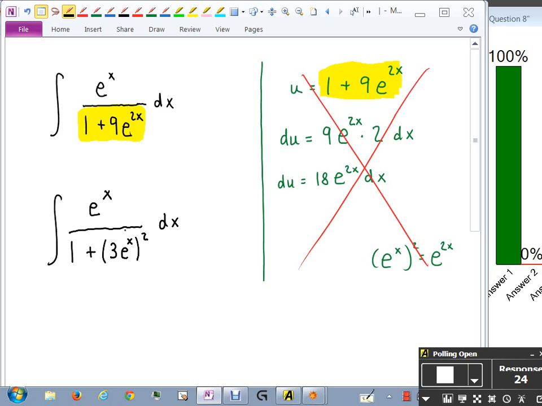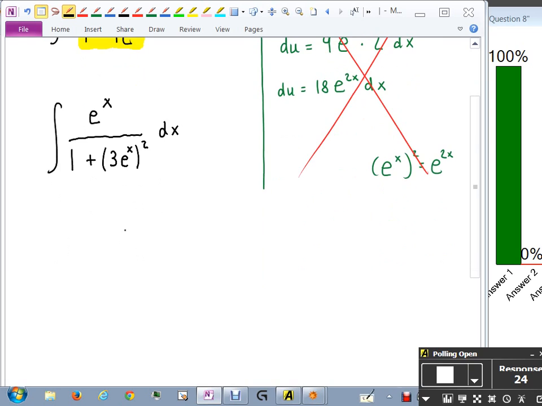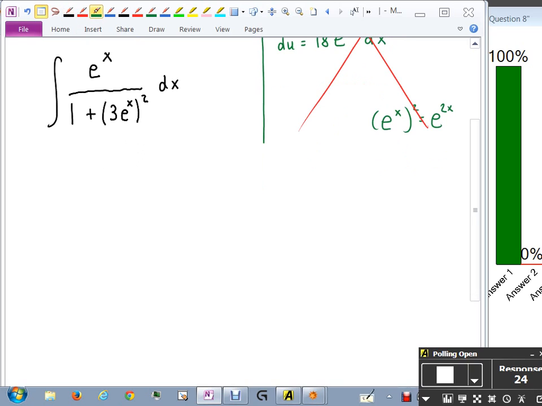If that's the same expression, what could you possibly use for u this time? 3e to the x, right? What's the derivative of 3e to the x? 3e to the x. Do you have 3e to the x up there? You're off by a constant. Do you see that?